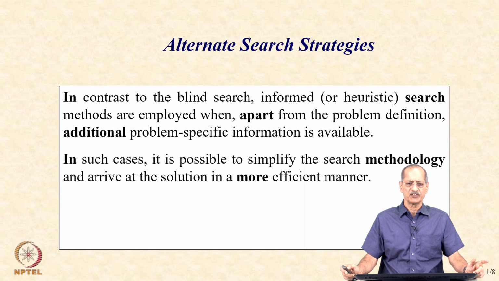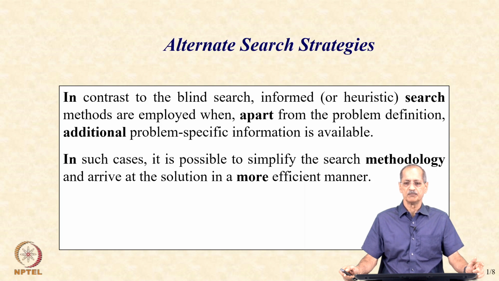Now, in such cases when there is problem specific information available, it is possible to simplify the search methodology and arrive at the solution in a more efficient manner, which means we can reduce our search time.